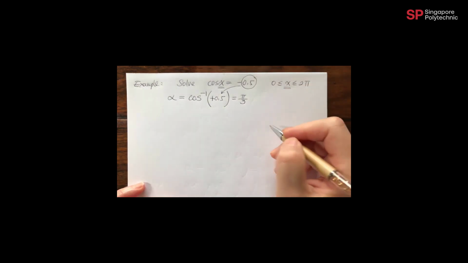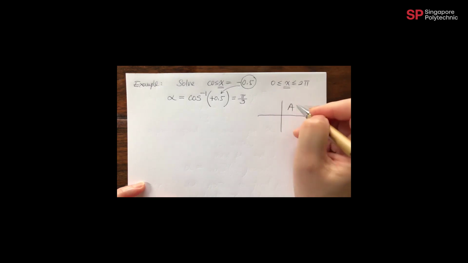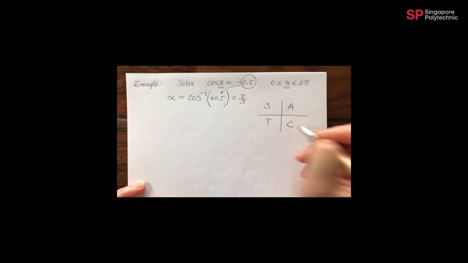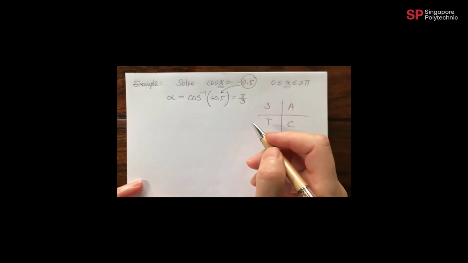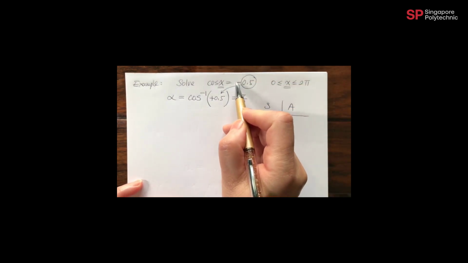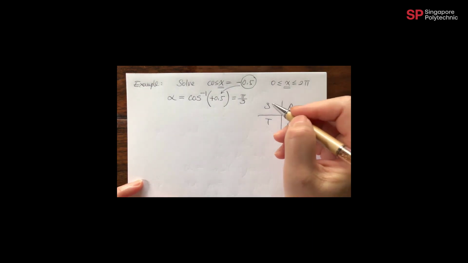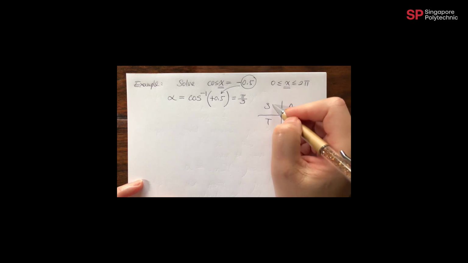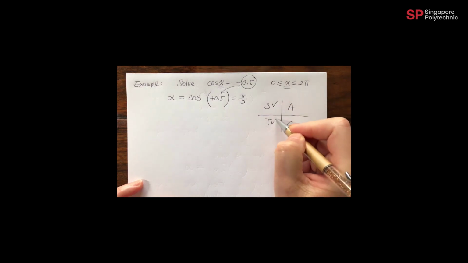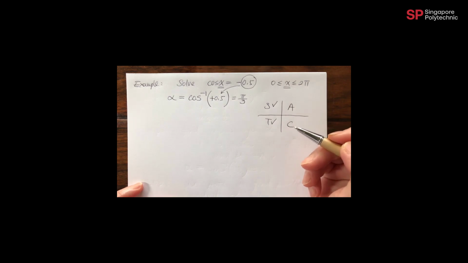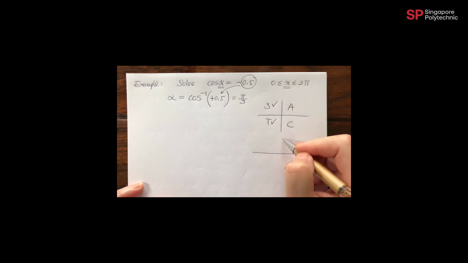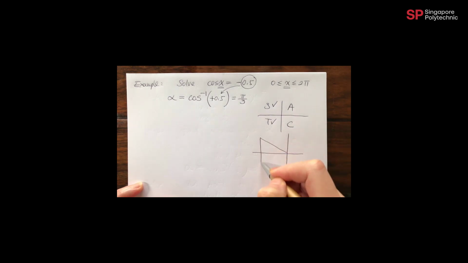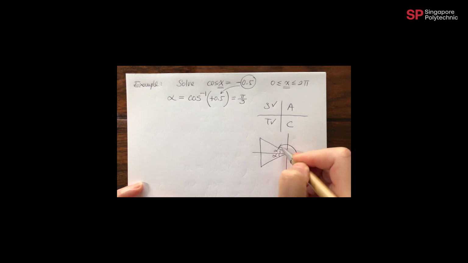Okay, now ASTC tells us for cosine ratio to be negative, because the question says it is negative half, x falls in the second quadrant and the third quadrant. So our butterfly shows us these two quadrants. This is the x in the second quadrant, it equals pi minus alpha.